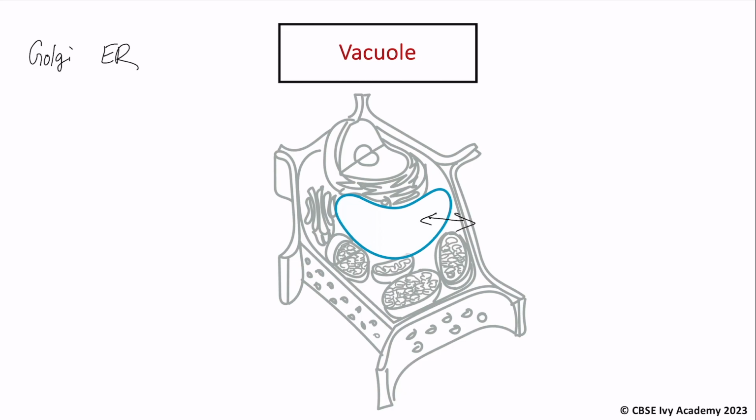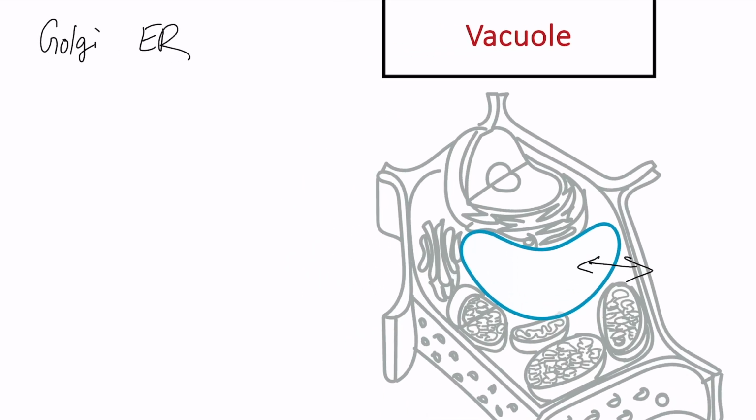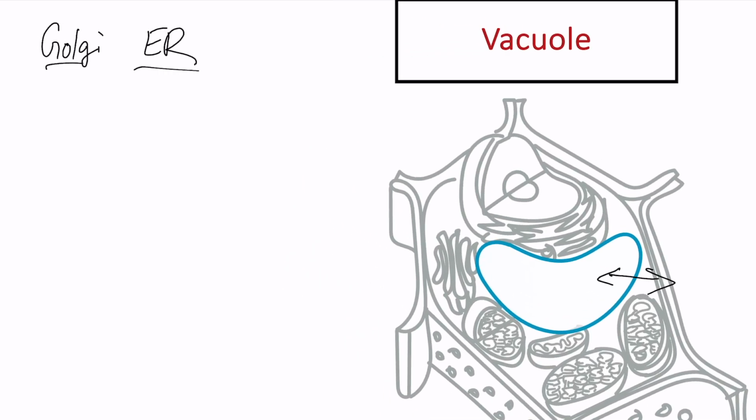In unicellular eukaryotes, you can have something called contractile vacuoles, and those are involved in pumping excess water out of the cell.